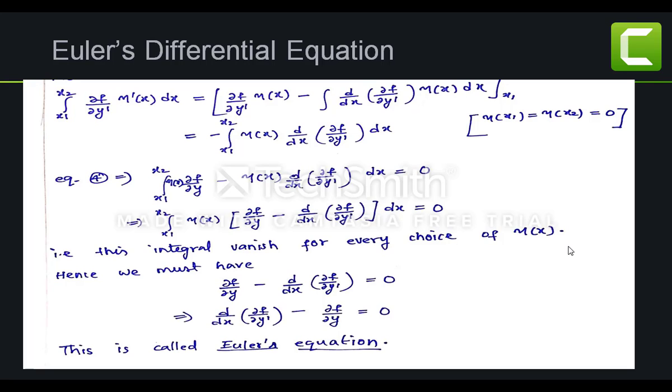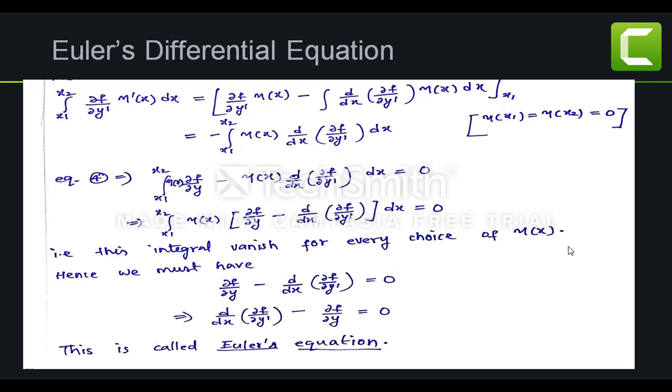Now substituting the value of the second integral in equation number 4, we get integral x1 to x2 of η(x) ∂f/∂y minus η(x) d/dx of ∂f/∂y' dx equal to 0. η(x) is common, take it outside, so we get integral x1 to x2 η(x) into [∂f/∂y minus d/dx of ∂f/∂y'] dx equal to 0.